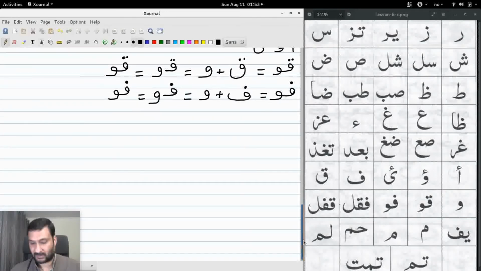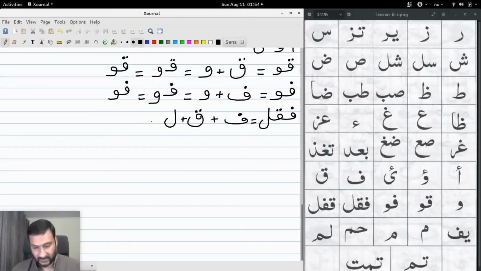Then is a 3-letter word, fa qaf lam. First I write that, fa, qaf, lam, very easy to write. It's made up of fa, qaf, and lam. Fa, qaf, lam.